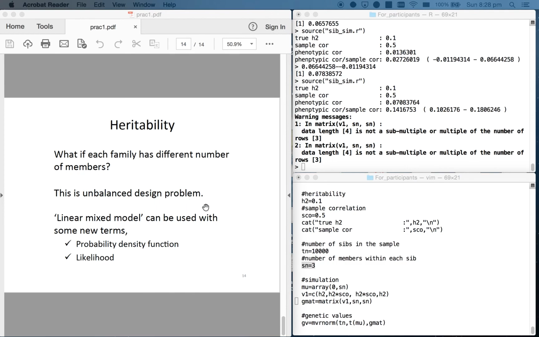So in this case, there is a linear mixed model that can be used for this problem. When you use a linear mixed model, there are some key functions, for example, probability density functions or likelihood. So that will be covered in the next lecture or practical. Thank you very much.